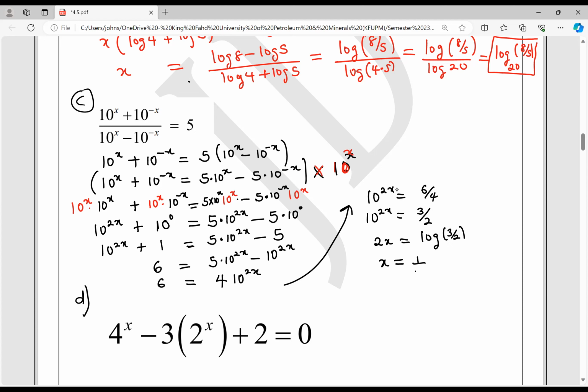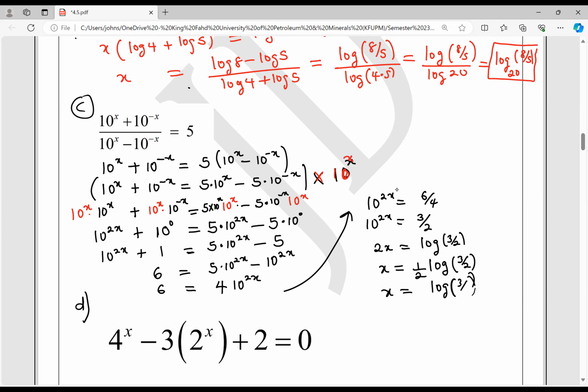You divide both sides by 2. So you have log of 3 over 2, all to power half. So x is log of, you can write it as square root 3 over 2, or you just leave it as this one. But don't forget that the base of the logarithm here is 10.